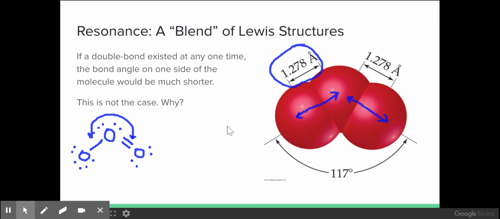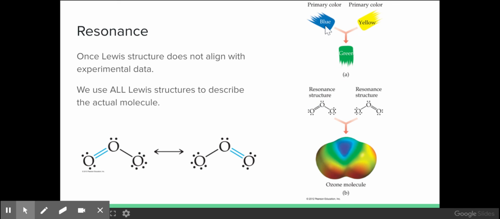So really a resonance structure causes a mix of the properties of the two types of bonds. Right? Just like you mix together blue and yellow, you get green. If I have two valid resonance structures, that double bond for ozone can hop on either side. It doesn't exist on one side versus the other. It's moving back and forth so quickly that to us, it appears to be more of a 1.5 bond on each side.